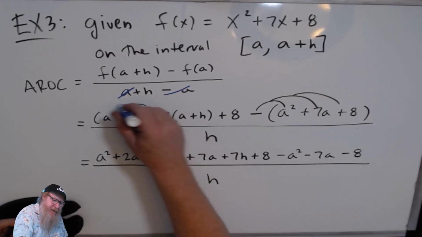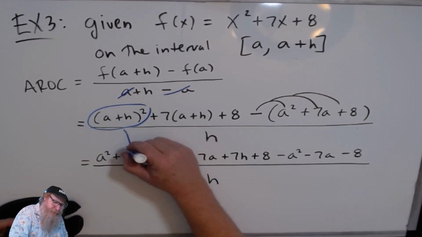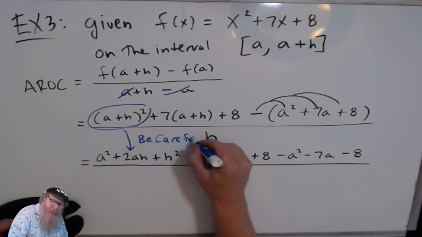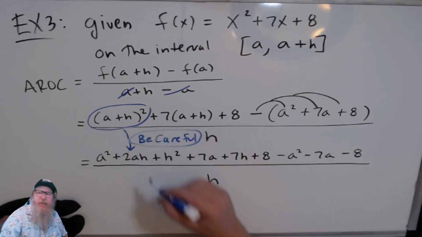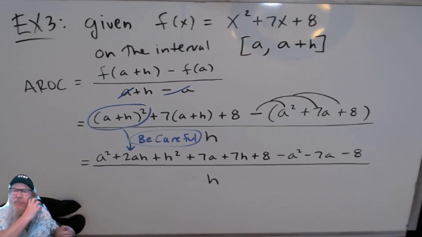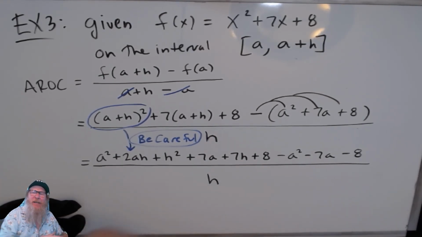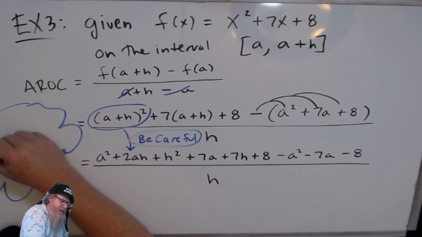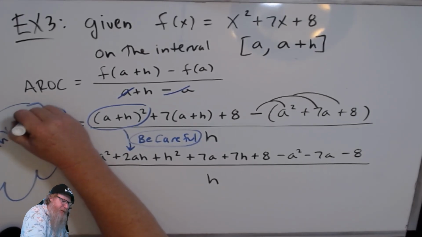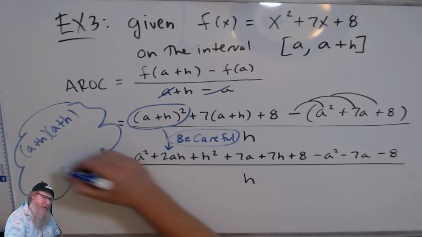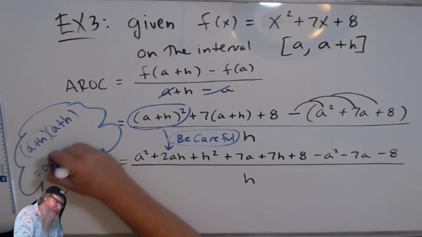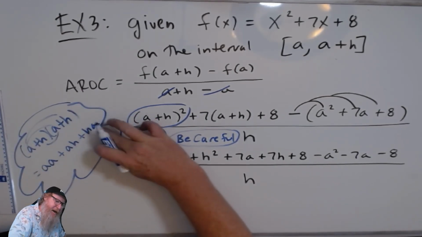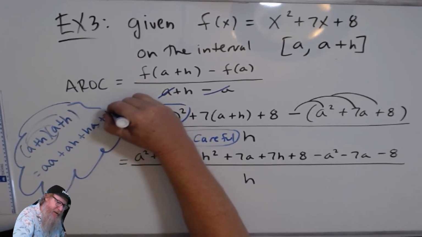Now be careful here. If you need to review your algebra, this is not the time to do it in the middle of my video, but I will just mention, maybe I'll do one of those clouds, algebra review. A plus H times A plus H is AA, AH, HA, and HH.